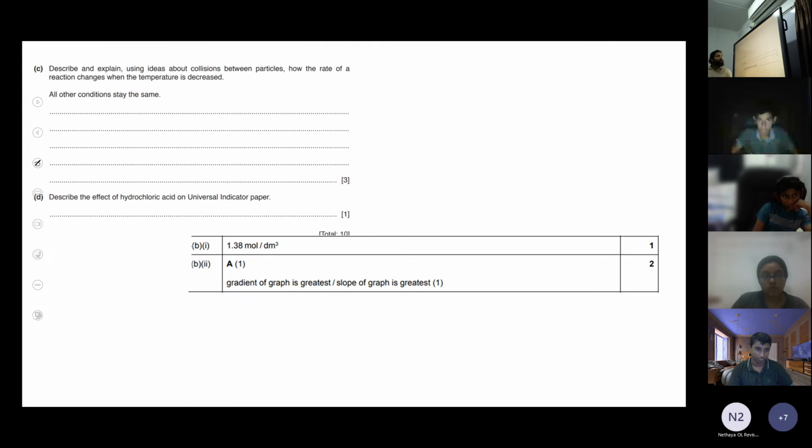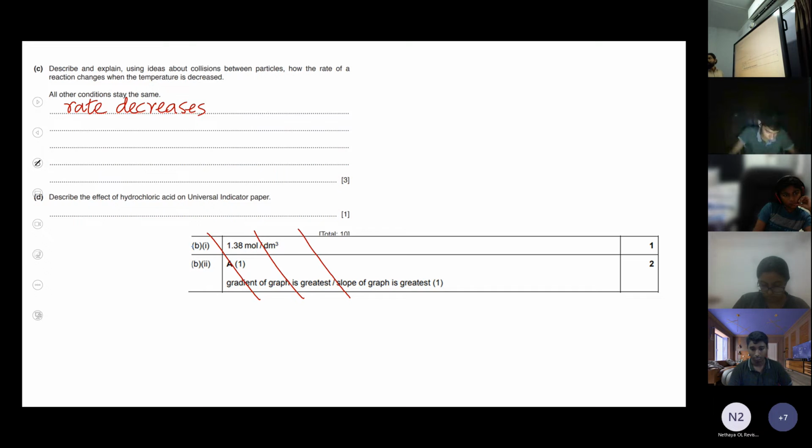Right. So let's go to the last one of this question. Give an explanation, an idea of how the rate of reaction changes when temperature decreases. First of all, we have to say the rate decreases.